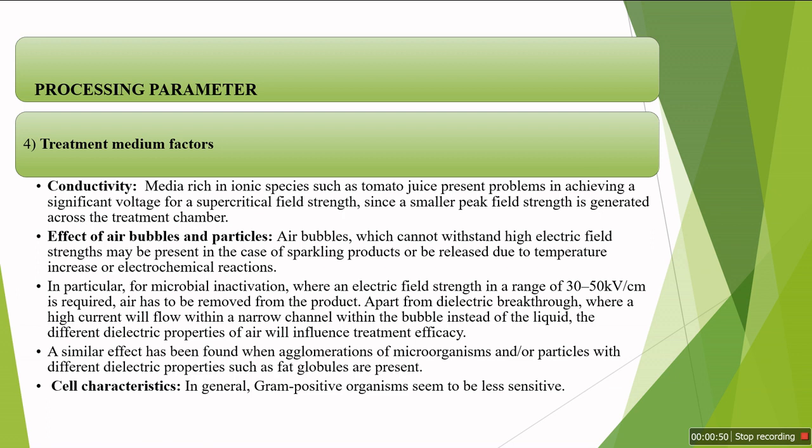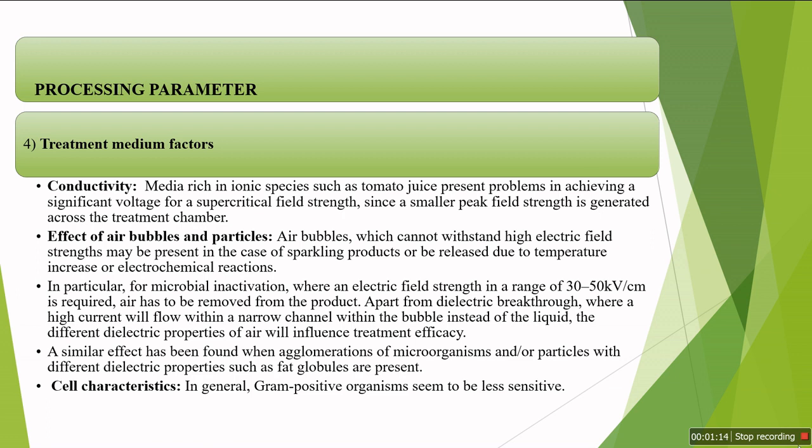Apart from dielectric breakthrough, where a high current will flow within a narrow channel within the bubble instead of the liquid, the different dielectric properties of air will influence treatment efficacy. A similar effect has been found when agglomerations of microorganisms and/or particles with different dielectric properties, such as fat globules, are present. And the cell characteristics.